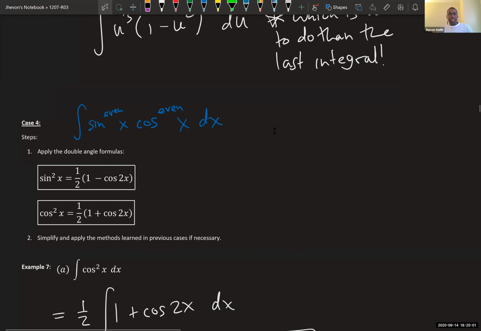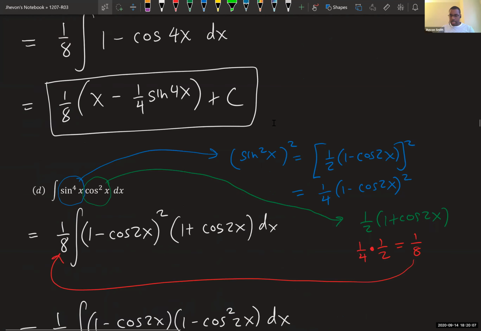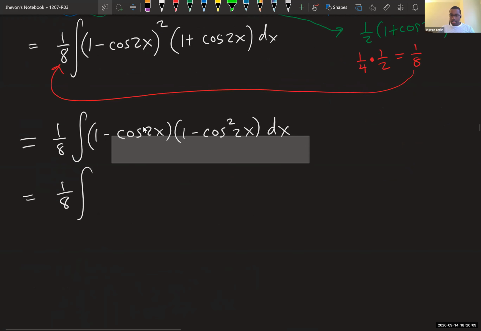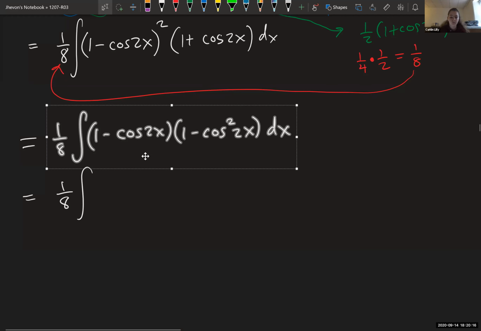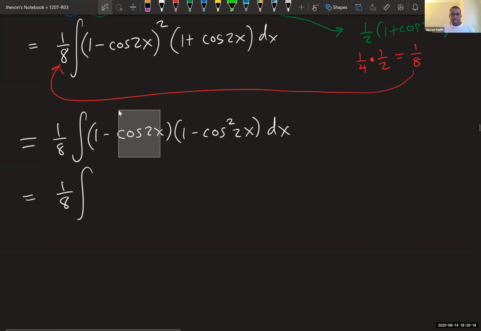It's very important: when all trig functions have even powers. Now, if we look at this integrand, are all trig functions having even powers? No, right? Because this one right here is not an even power. So starting to hit it with the double angle formula at this point will get you in trouble. So you probably want to do something before doing that.